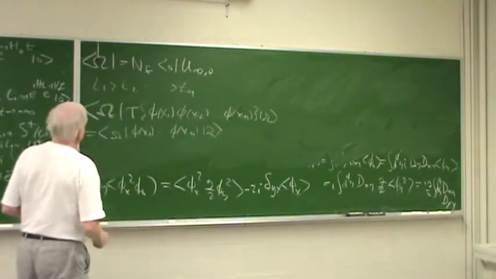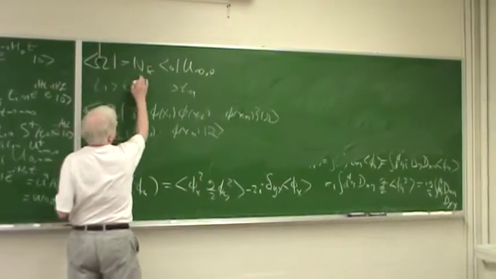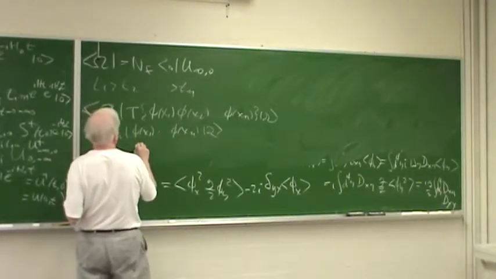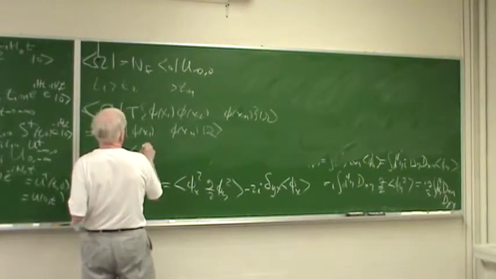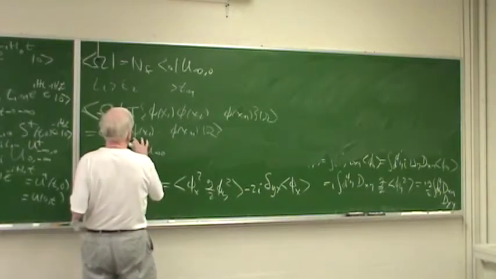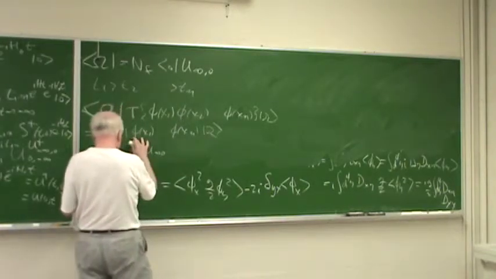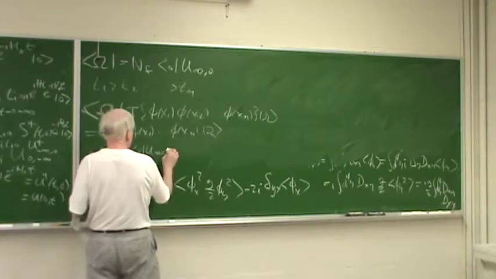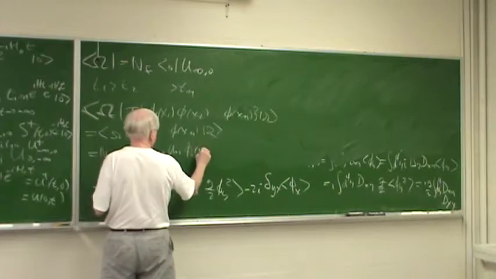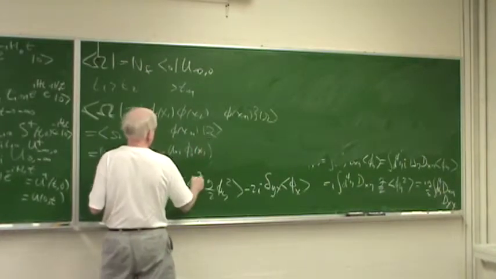Now, we've got this relation that omega is nf that. So this is nf, vacuum of the free theory, U infinity 0. And now we can write phi of x1 as U01 phi 0 of x1.